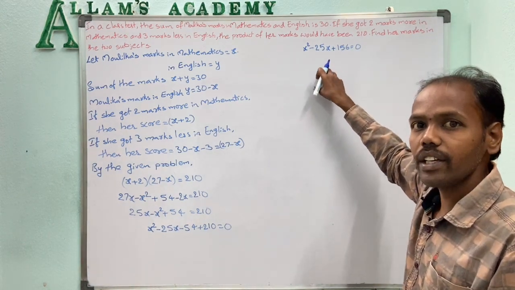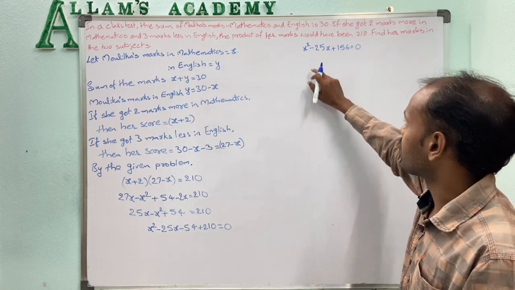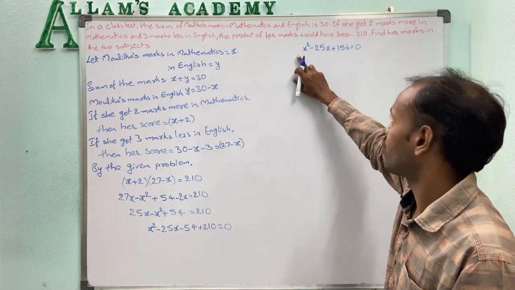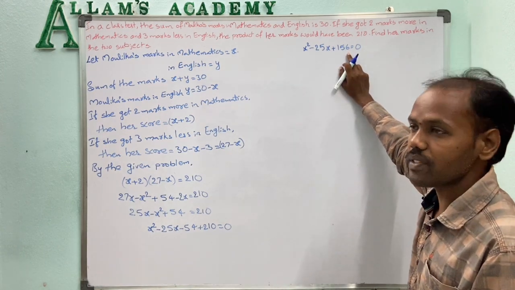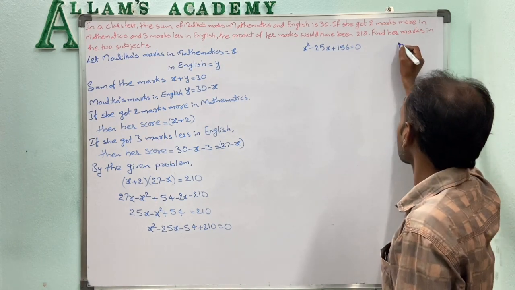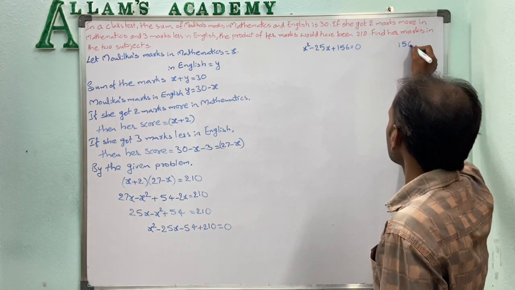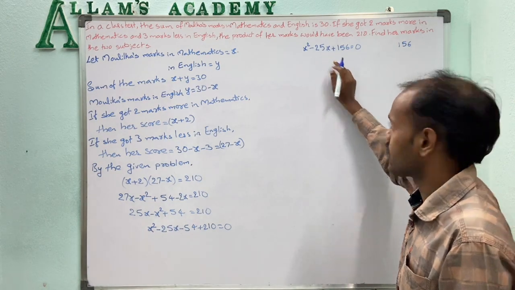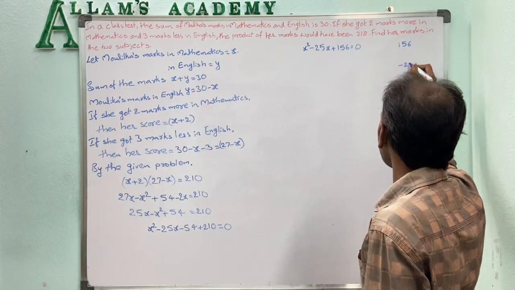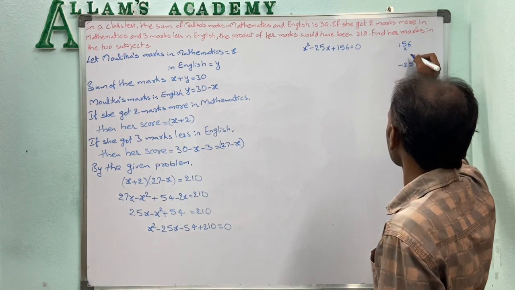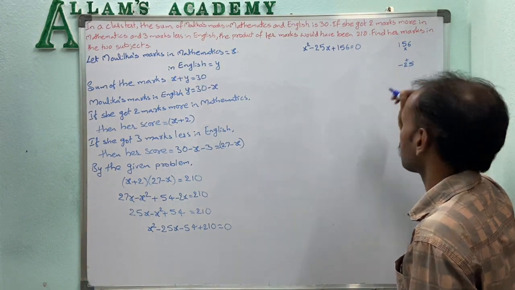So I am solving through the factorization method. Here the x square coefficient is 1 and the constant term is 156. So 1 into 156 is 156. The x coefficient is minus 25. So we want two numbers whose product is 156 and whose sum is minus 25.